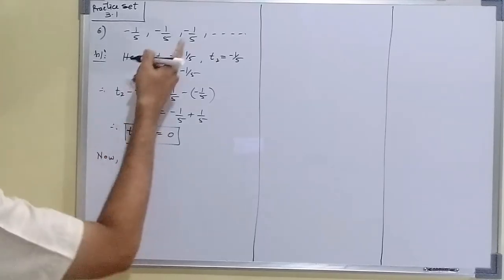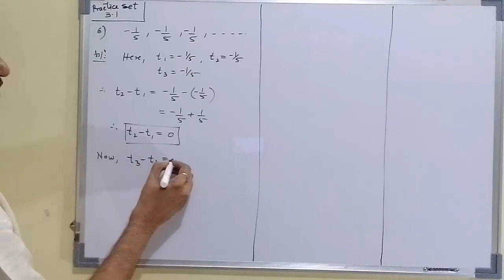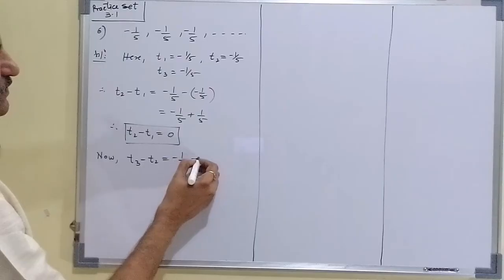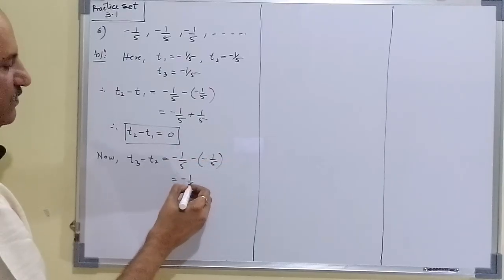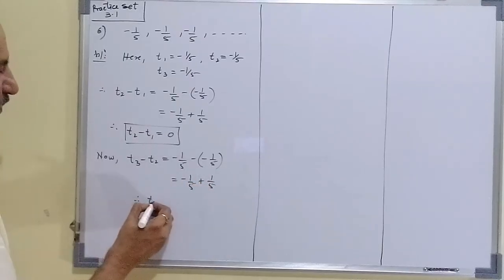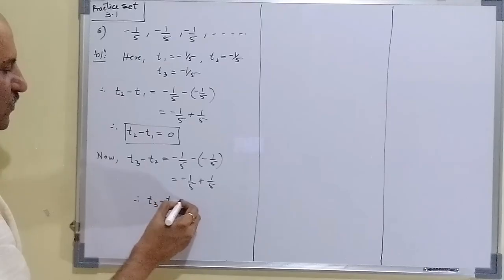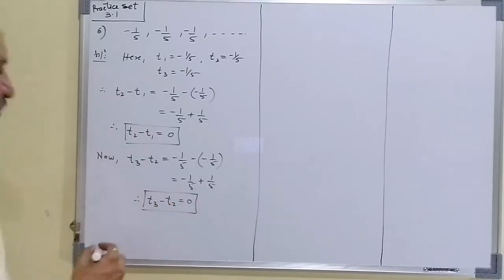Now we go for T3 minus T2. Again this is -1/5 minus of -1/5. So -1/5 plus 1/5. Therefore T3 minus T2, this also is 0.